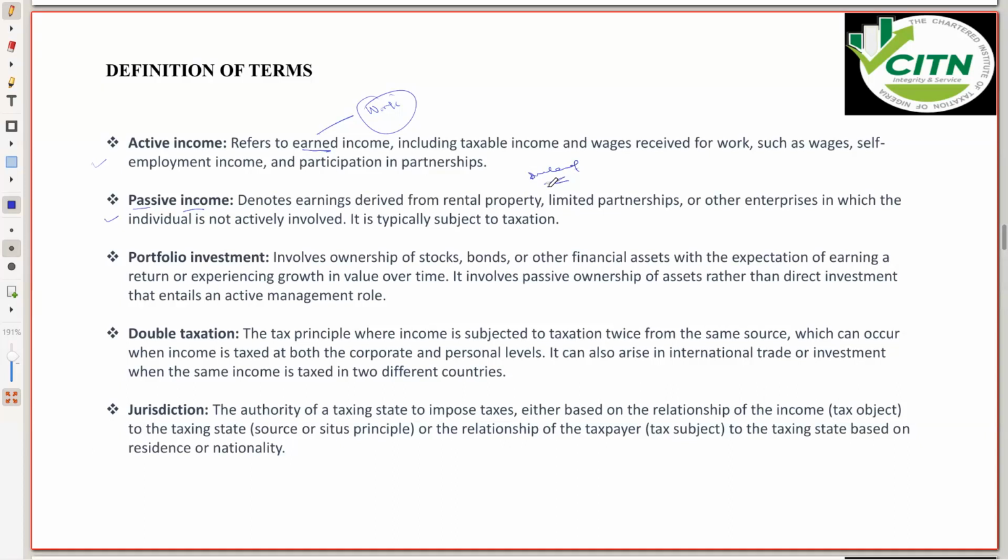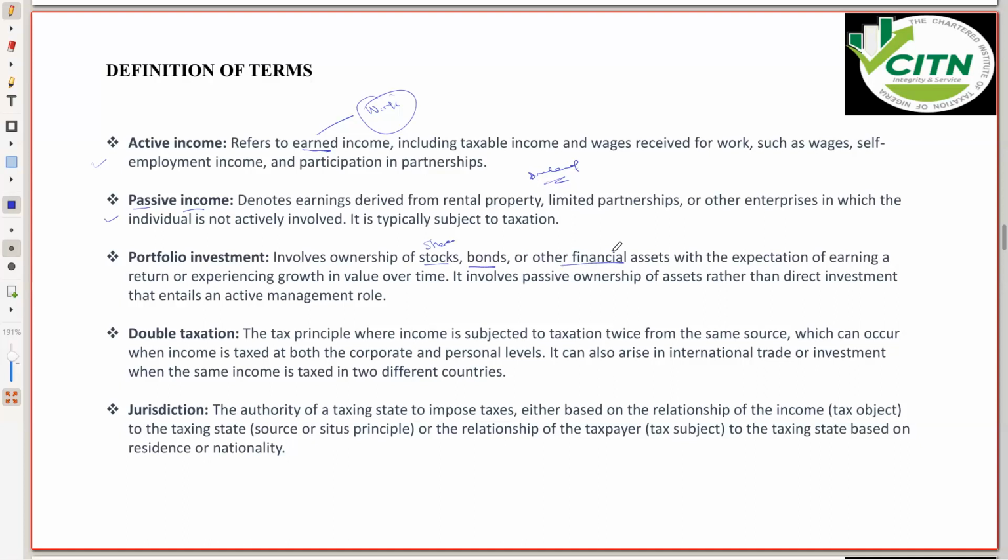Now, this passive income in form of dividends, sometimes it's classified as passive income, sometimes it's classified as portfolio income. So sometimes you just have portfolio investment put as a different term. It could also be called passive income, but at some other time, we also have a separate name for them called portfolio income. By portfolio investment, we're looking at your ownership of investment instruments, such as stocks, or what we typically call shares sometimes, bonds, or other financial assets with the expectation of earning a return or experiencing growth or capital appreciation.